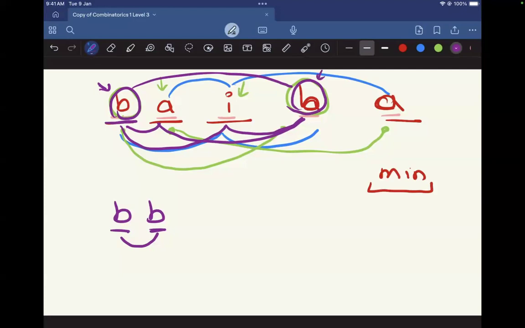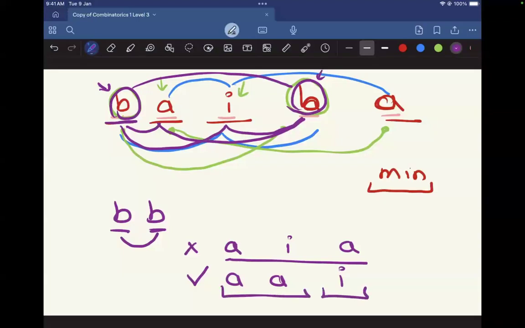Is this observation clear? Let's say we have A and then we had I and A. This is worse and this right here is better. What do we mean by this? We mean that if we have a string, it's always better to have characters of the same kind together. Yes or no, guys?